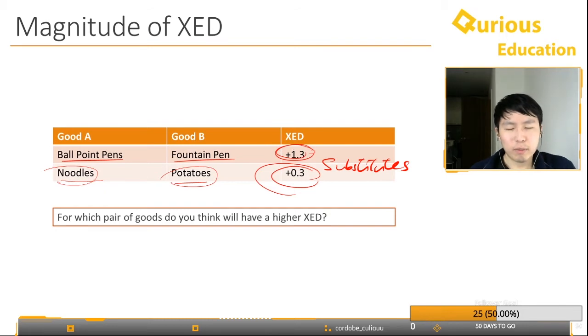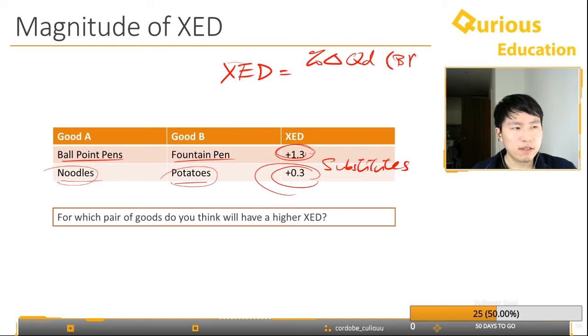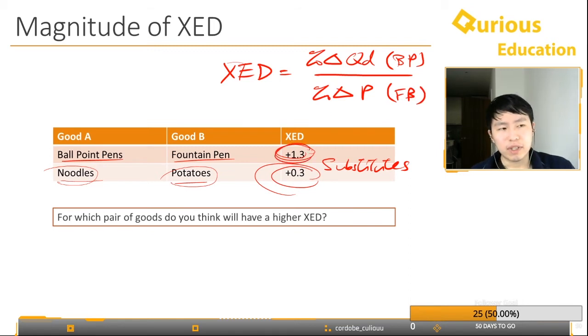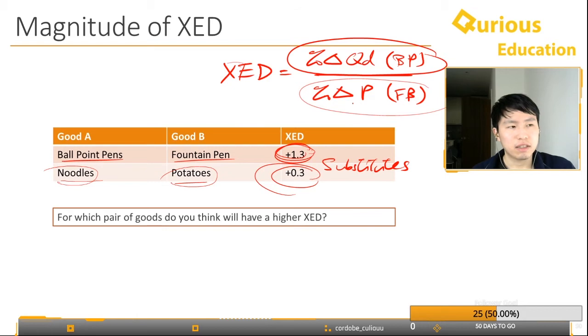And when the number is bigger, it just means that the quantity is much more sensitive to the price, right? So again, if we look at the formula, let's just say this is ballpoint pen, BP, and this is fountain pen. So to have a very big XED number, that means the percentage change in the quantity needs to be much greater than the percentage change in the price.